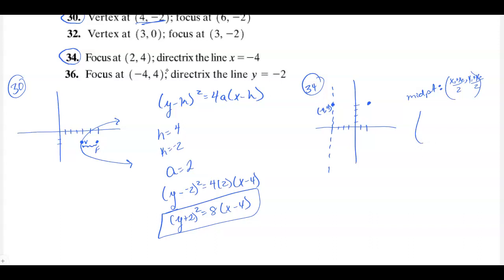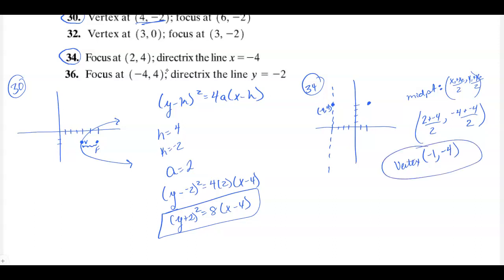This point was at (2, 4), so 2 plus -4 over 2. You're really just averaging the x's, and we know the y's. So we're going to have -2 over 2, which is -1, and this is going to be 8 over 2, which is 4. So there's our vertex.